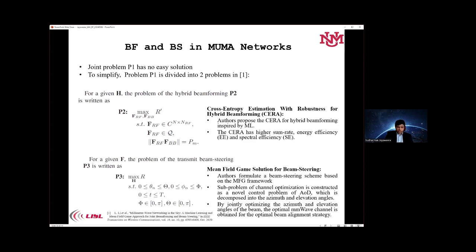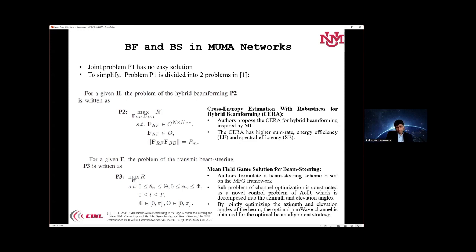And the beam steering problem is written as the maximization of the sum rate over the beam steering matrix H. The beam steering matrix is essentially related to the angle of departure, where you try to find the best direction to tilt the antenna array so that the beam pointing error is minimized. So the authors propose two separate methods to solve these. The beamforming problem is solved by using what is called the cross entropy estimation with robustness.